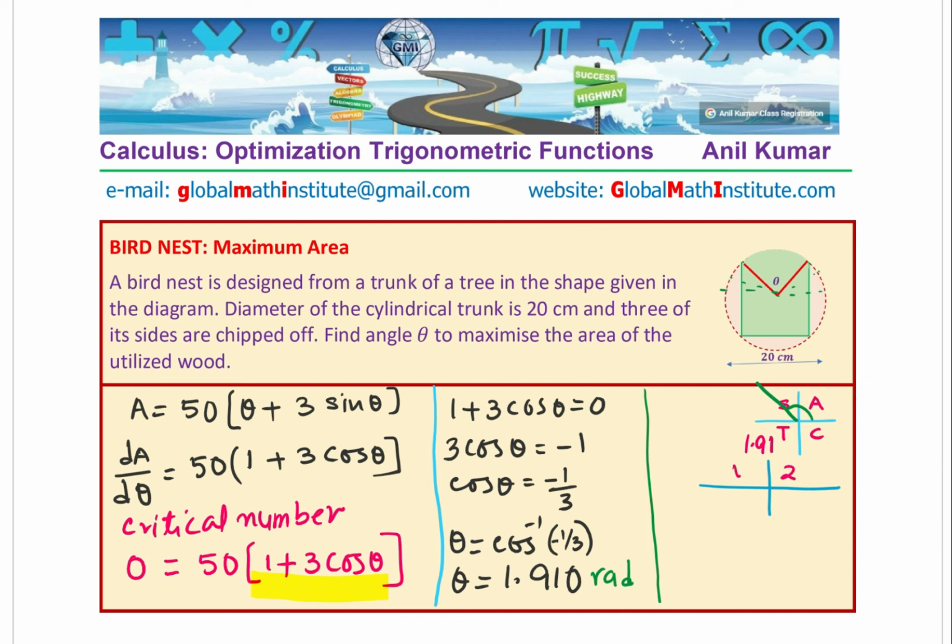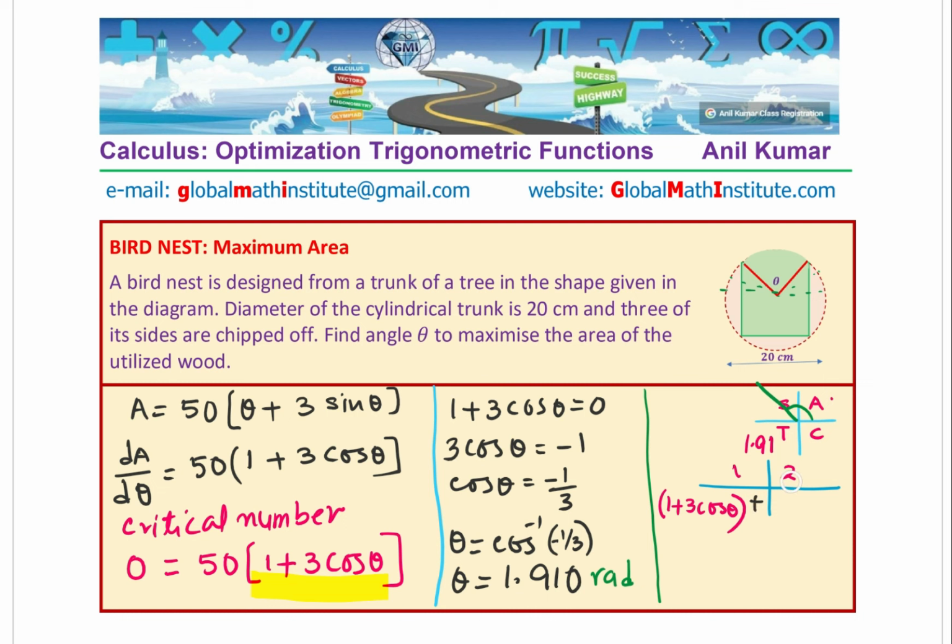So when I substitute this in the expression, which is 1 plus 3 cos theta, then what do I get? Substituting 1 gives me a positive value, since this is an acute angle, right? So that gives me a positive value.